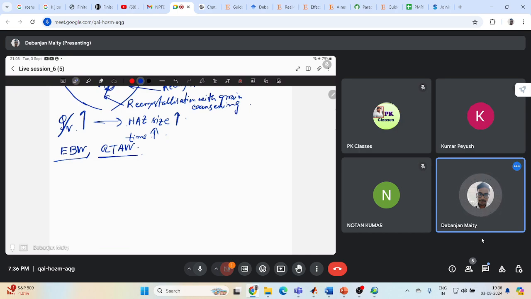Now, which one will have a tendency to create more recrystallized grains, based on the discussion we have had? GTAW. EBW will have low heat input and high cooling rate.